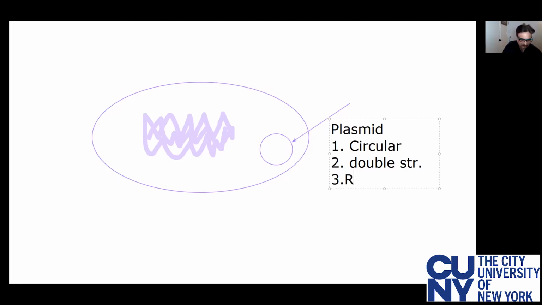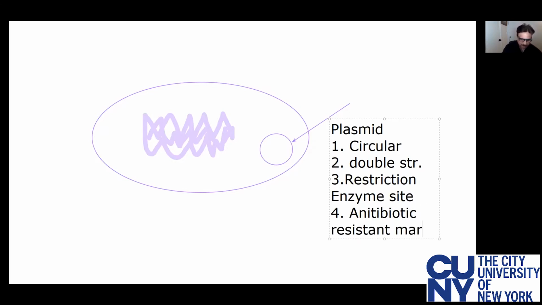Number three, it has a restriction enzyme site. I'll come to that later. And fourth, it has an antibiotic resistant marker. So these are the four essential features of a plasmid.